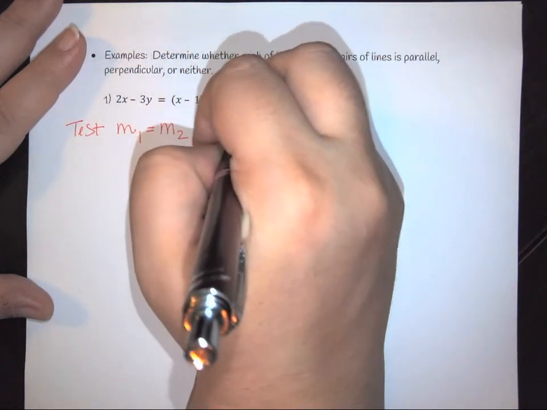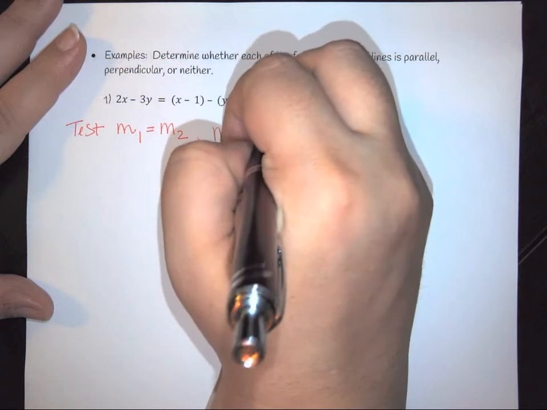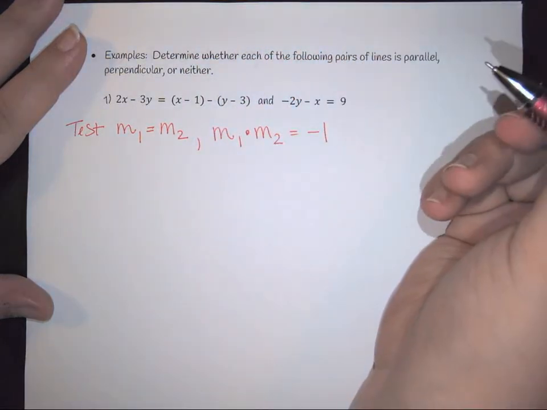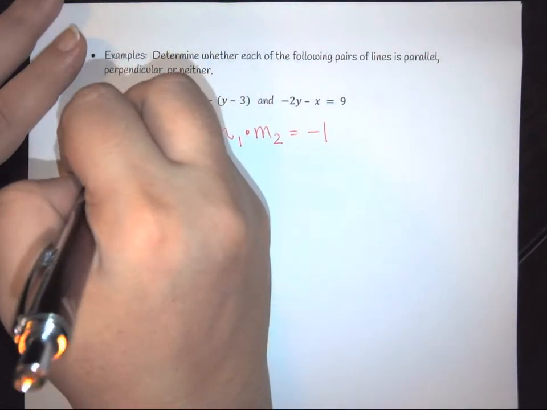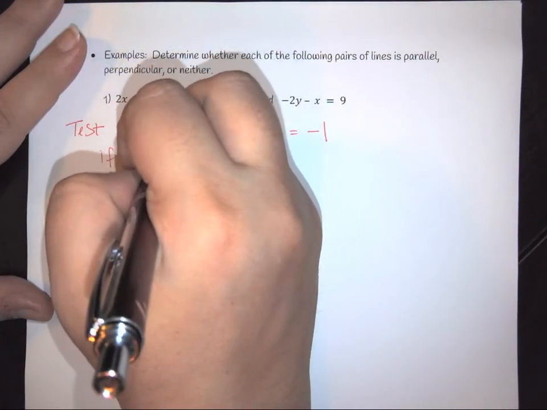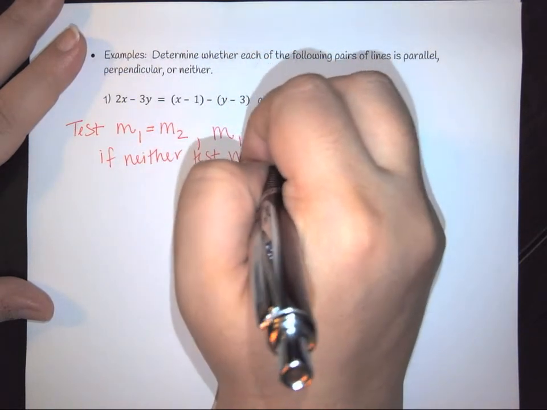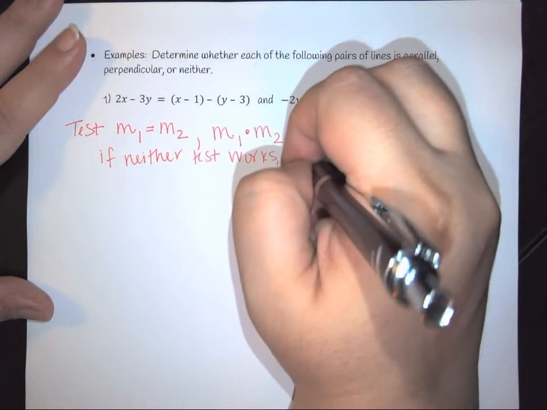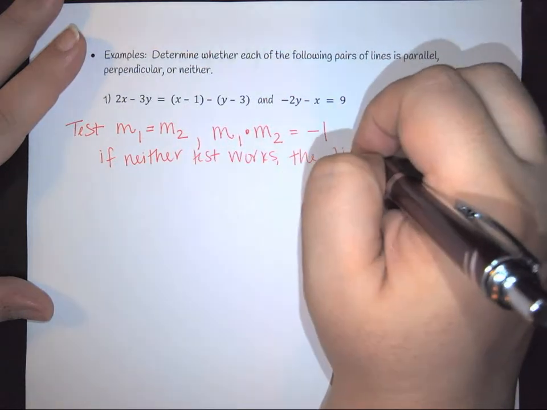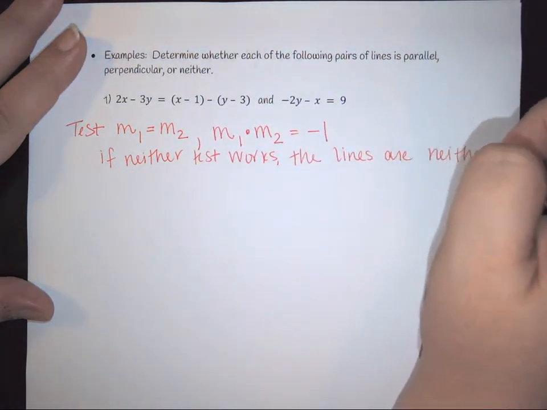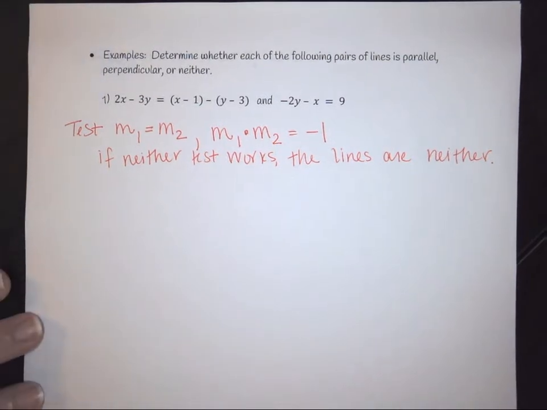You have to test your perpendicular rule. And then, if neither test works, the lines are neither. So that's what we're doing.